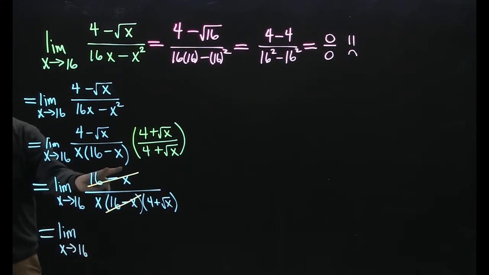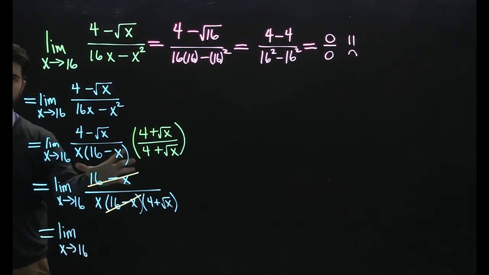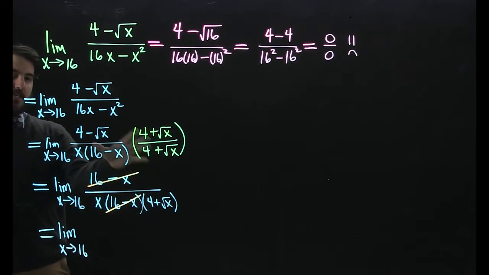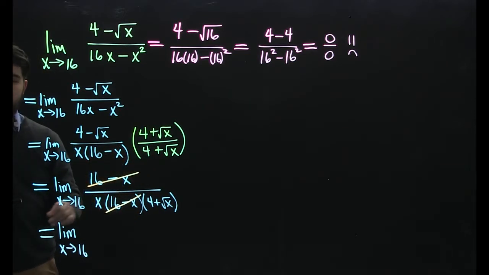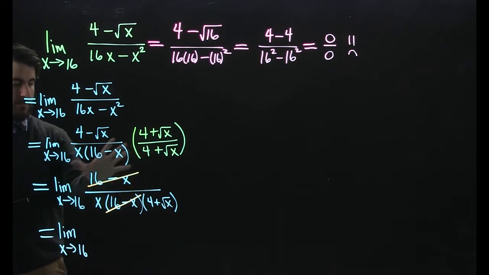Now, since I'm canceling the top and bottom, I still have a 1 on top, so that's something to pay attention to. A common mistake that I'll see is students will make this a 0 or something, and they bring the denominator up to the numerator. That's not possible. So you always want to remember that there's a 1 still left up on top.